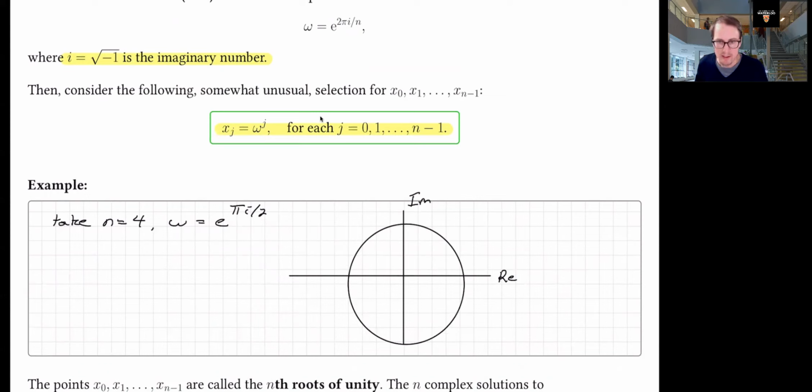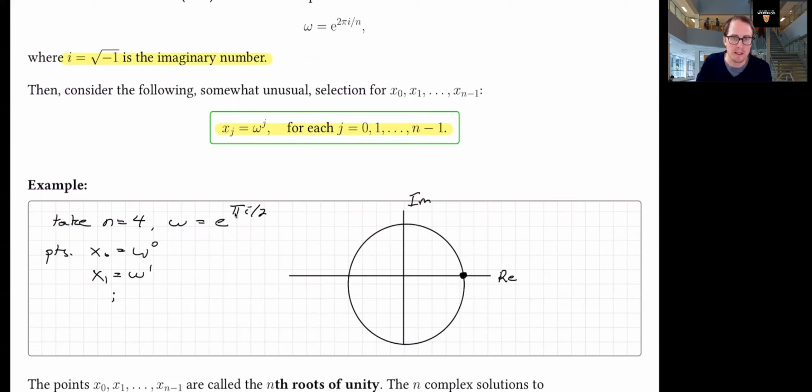Not perfect, but suppose that's a circle of radius 1, then the points are x0 equals omega to the 0, x1 equals omega to the 1, and so on. And so omega to the power of 0 is just going to be e to the pi i over 2 to the power of 0. That's this point right here, right? It's e to the power of 0.